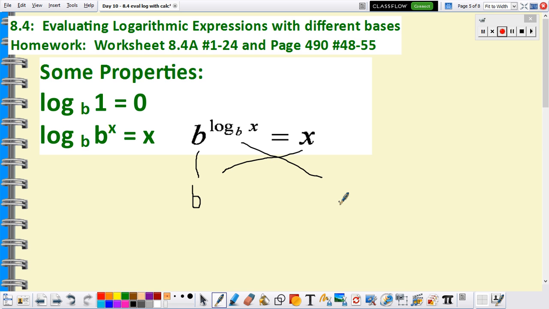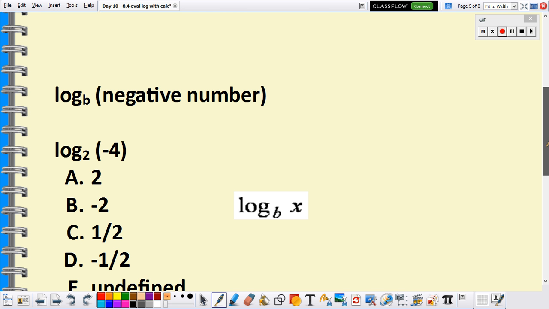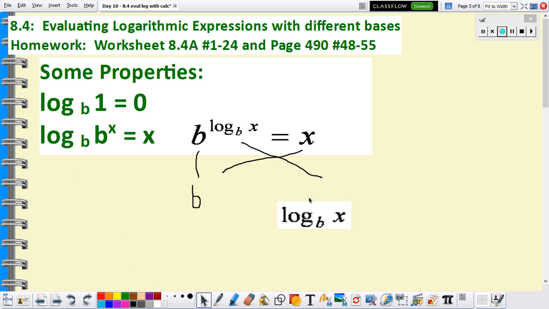Where'd you go, though? I bet I put it right in the middle. Yep, there it is. I need this. Come here. All right, so we're going to put this over here. And then it's b to the x equals log base b of x.